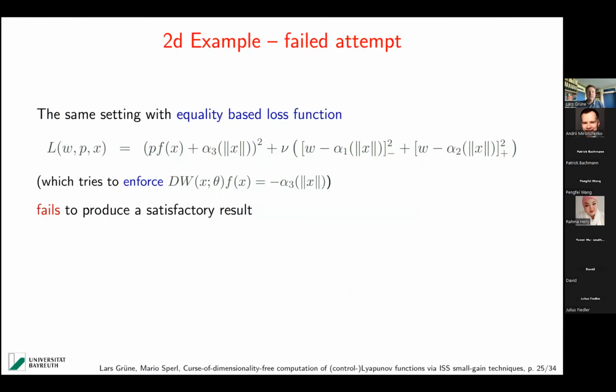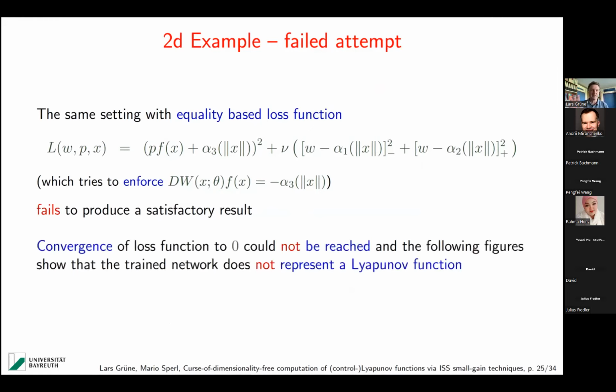What happens if we try to enforce this equality by this term, so no plus down here? So we really try to enforce this Zubov equation solution. Well, it doesn't work in that case, because you can immediately see that this function that we know to exist, this separable function, has a form which does not have a derivative which is like that, because of this x2 to the power of 4 term that we need. So this doesn't work.